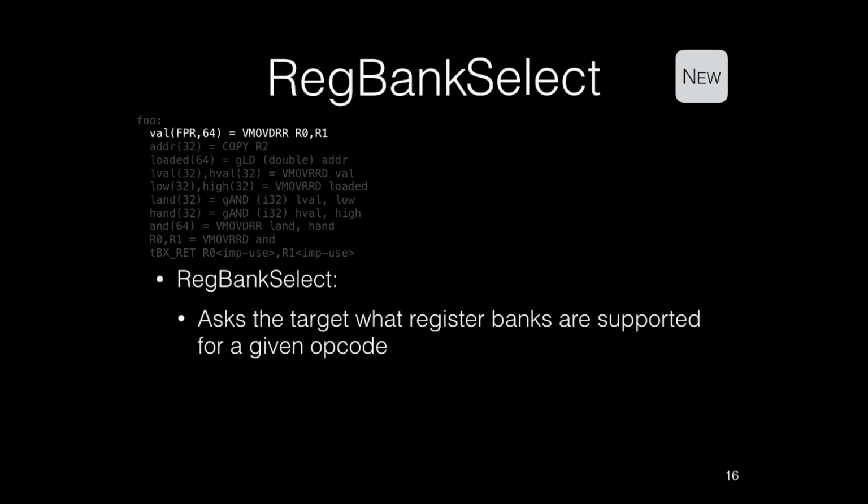Let's start with the fancy copy opcode. The target could say, I can create this definition on an FPR register that will set all the bits you are interested in. This is basically what this mask means, the 0xFFF. It's basically all the bits you are looking at would be in this specific register bank. And this has a cost of 1.